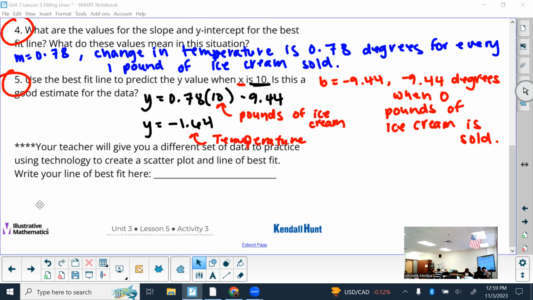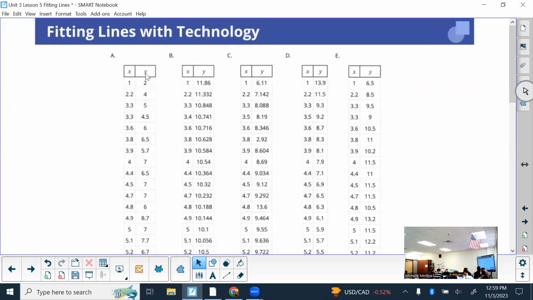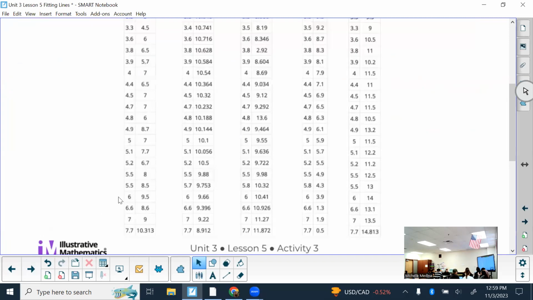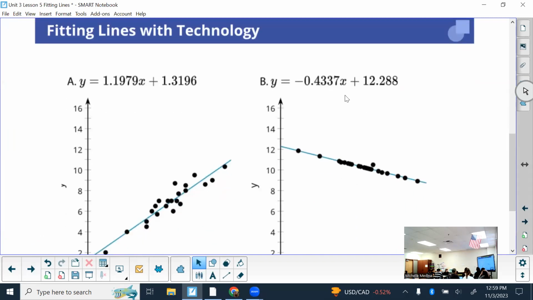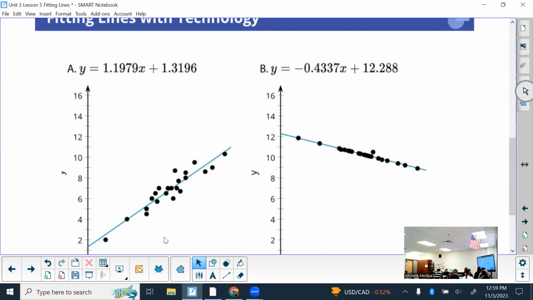You should have written down your equation from Desmos. So if you had data set A or B, this is what it should have looked like, and then this is your slope and y-intercept respectively.